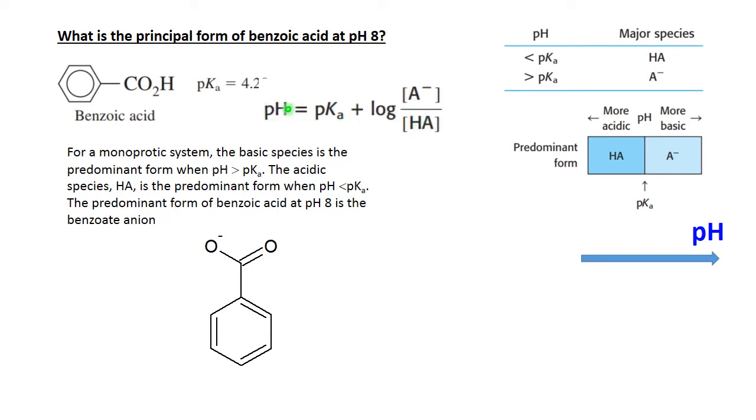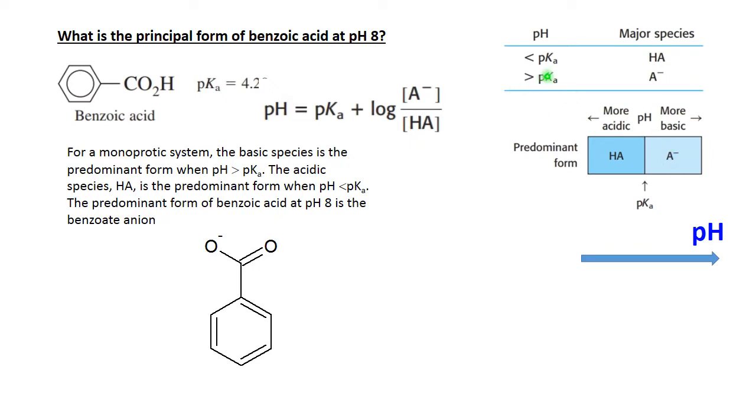At pH values higher than pK, you'll have more base than acid. So, the major species at a more acidic pH than pK will be the acid. The major species at a more basic pH than pK will be an ion.